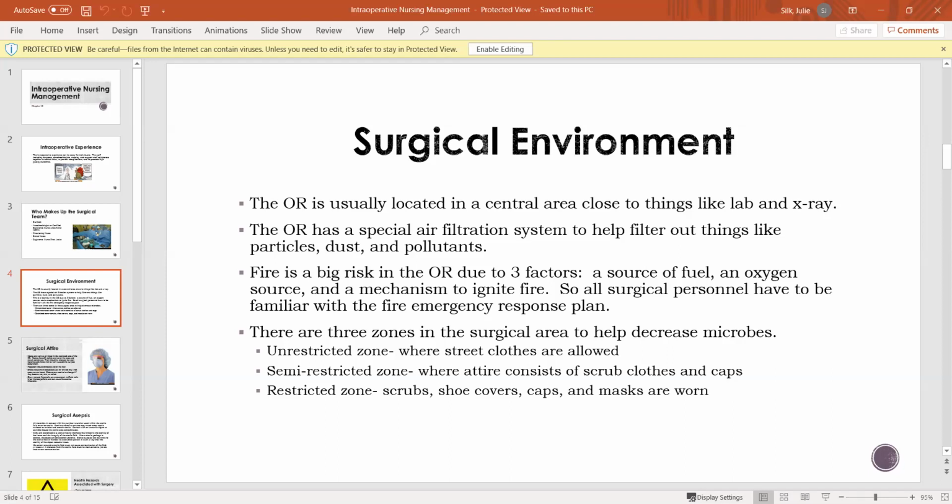You might have a procedure room, an operating room, or a scrub area in the restricted zone. For testing purposes, we may ask you about one of these zones and what would be required for you to have on, or what might be located in that area. That's the kind of stuff you need to know.